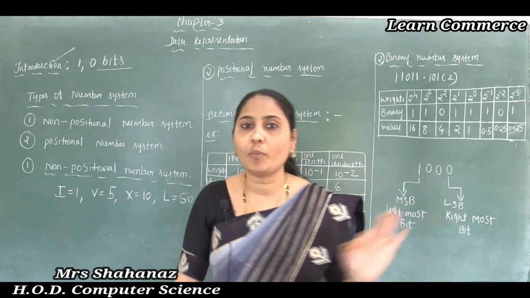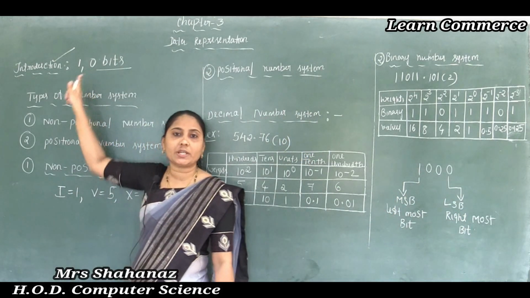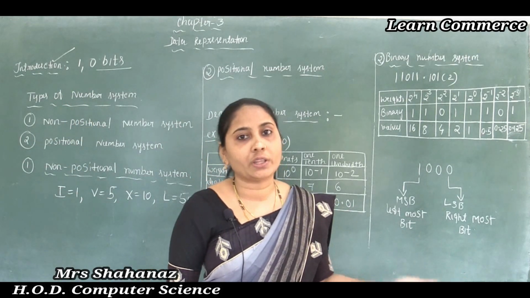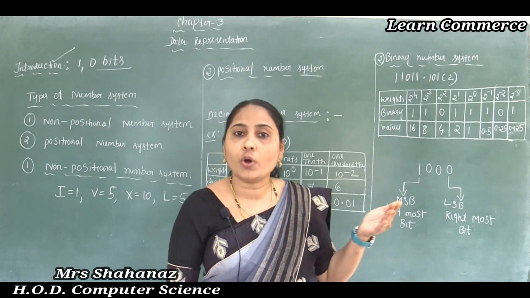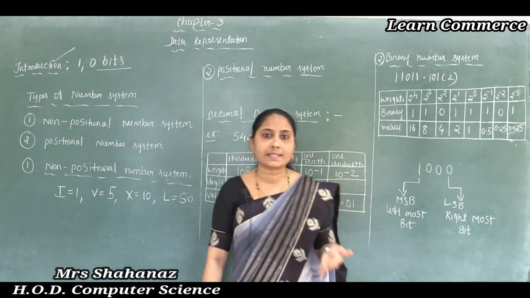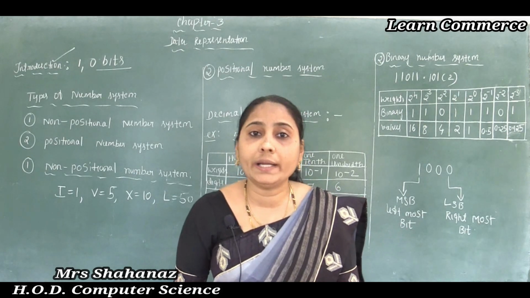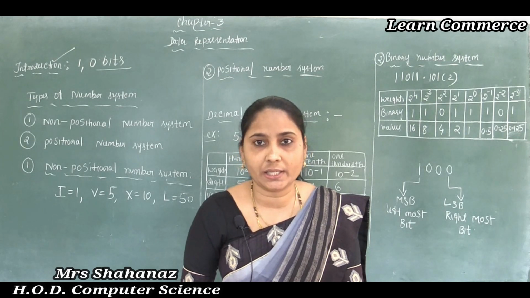So all arithmetic operations are performed by using the binary code or binary digits, or we can say binary bits only. All those points we can add in our introduction of data representation. Did you understand what I said in the introduction?